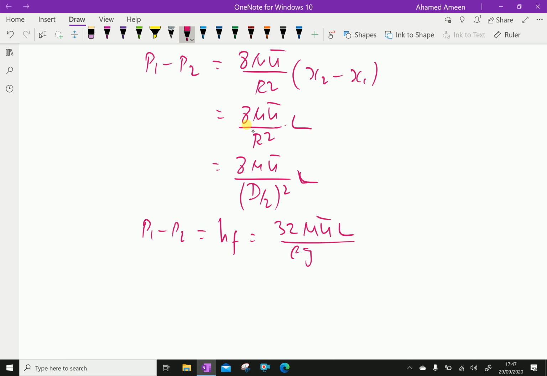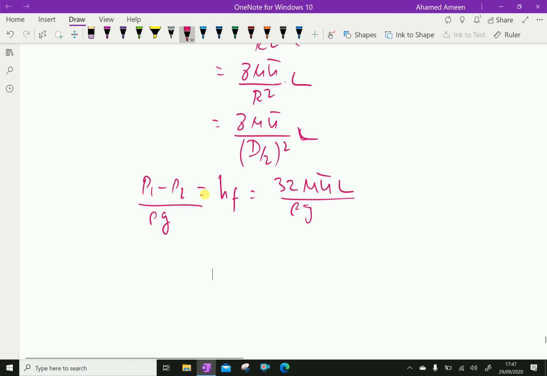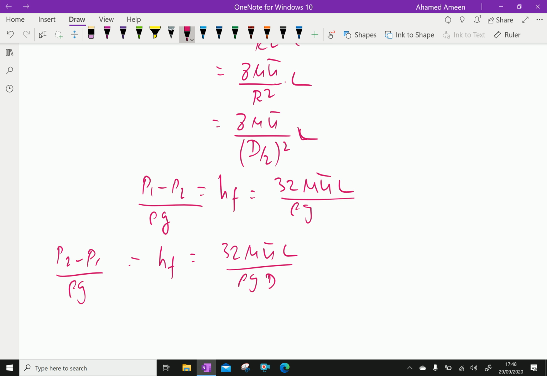Then we can use it. hf, the pressure drop, is (p1 minus p2) by rho g, meaning the head loss due to the flow of viscous fluid. Therefore hf equals (p1 minus p2) by rho g equals 32 mu u bar L by rho g D squared.